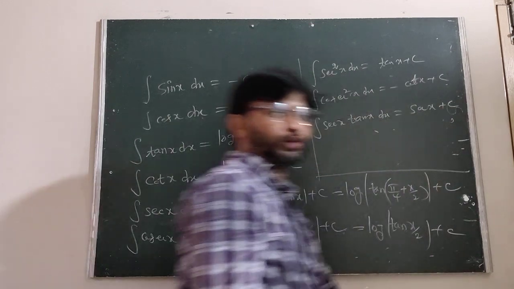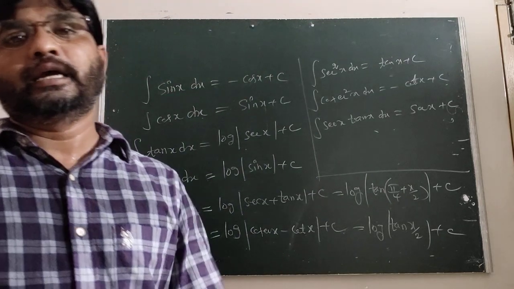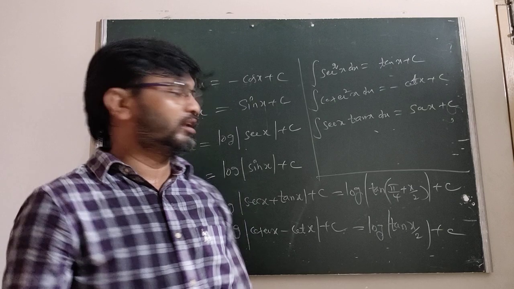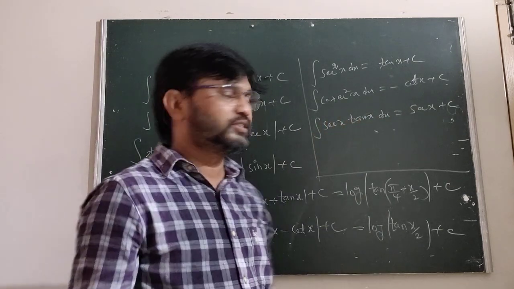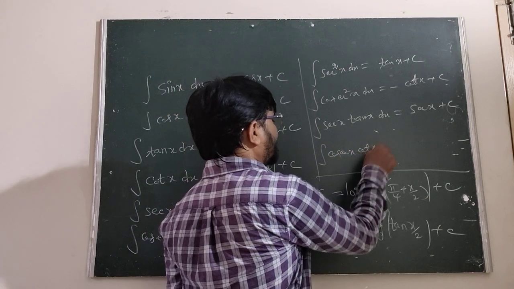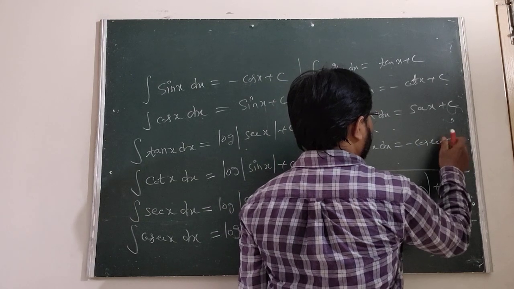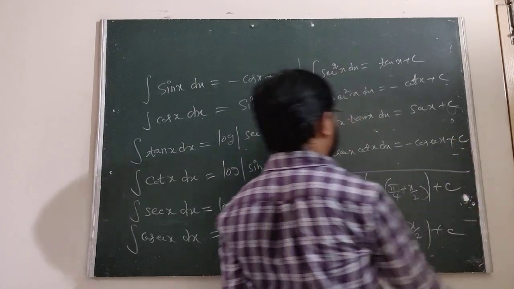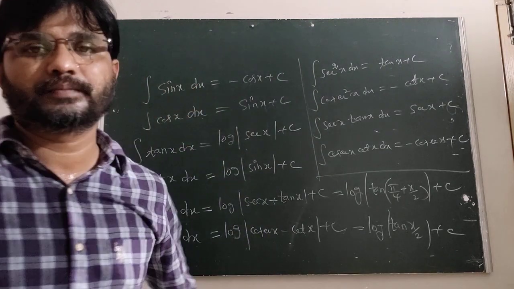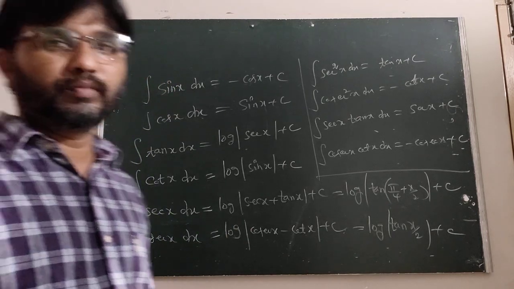Antiderivative, primitive, these are all nothing but integral. Now the integral of cosecant x cot x dx is minus cosecant x plus c. These are all very important formulas. Okay, understand? So these are the formulas.